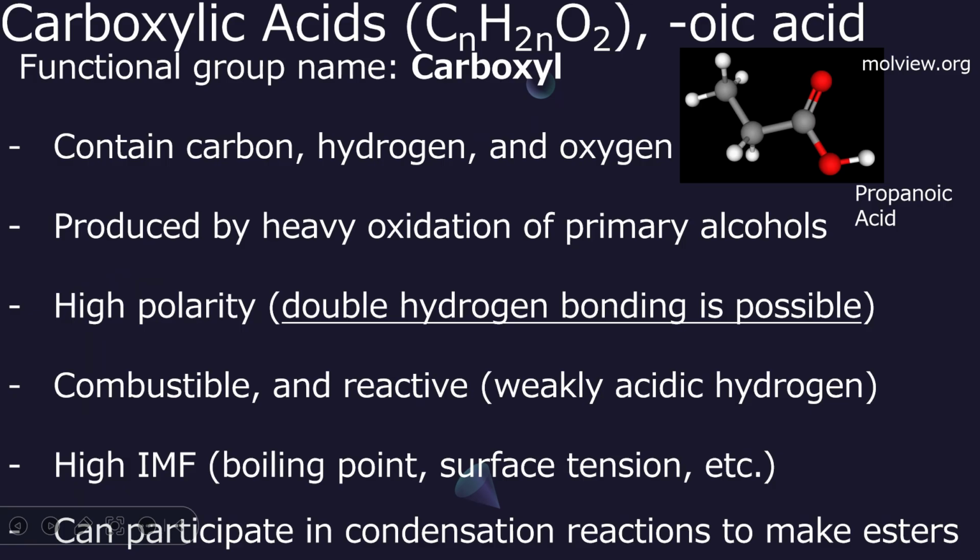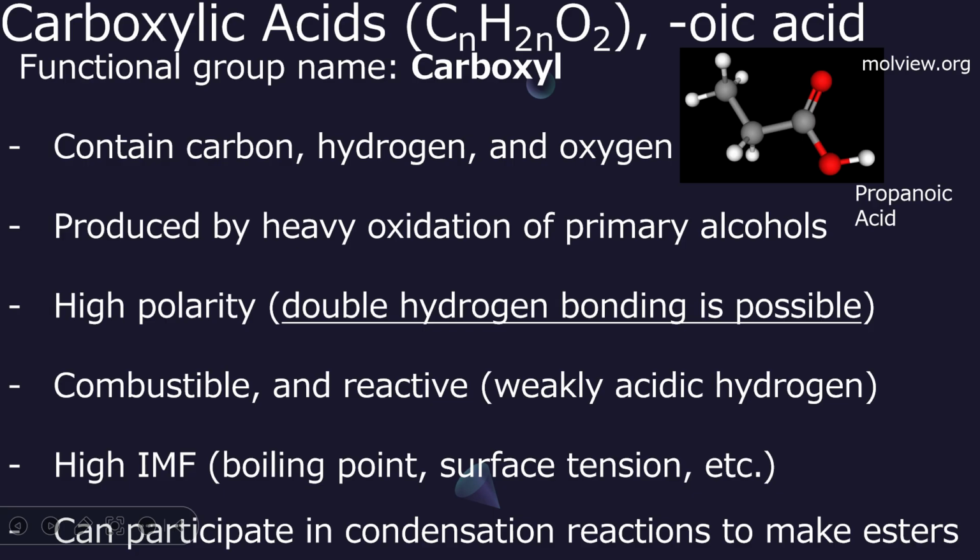They have high polarity. They can have double hydrogen bonding too. I've talked about this in my, I think, covalent physical properties or intermolecular forces video. They can hydrogen bond in the lower section, OH to O, and then in the upper section, O to OH on another carboxylic acid to form kind of dimerized bonds. They are combustible, reactive, especially because of that weakly acidic hydrogen.